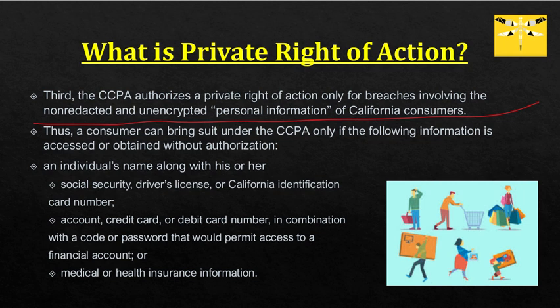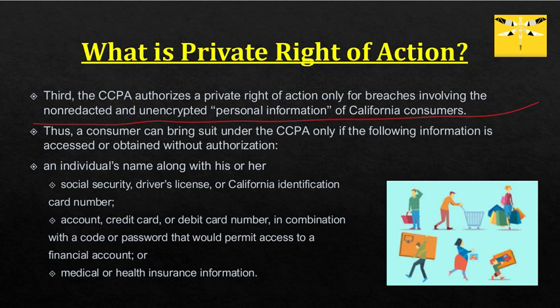The private right of action provision uses a narrower definition of personal information than what is used throughout the rest of CCPA, deferring instead to one subpart of the definition of personal information found in California's data breach law. Thus, a consumer can bring suit under the CCPA only if the following information is accessed or obtained without authorization.